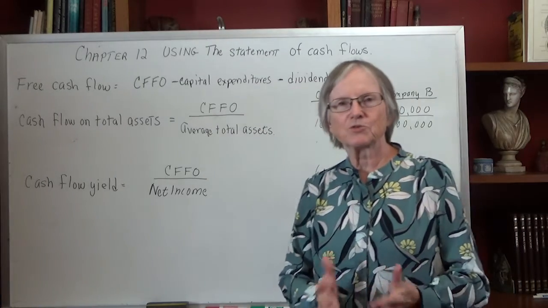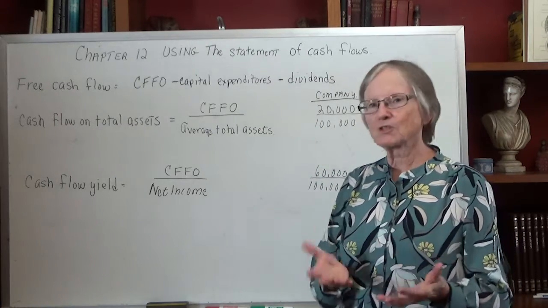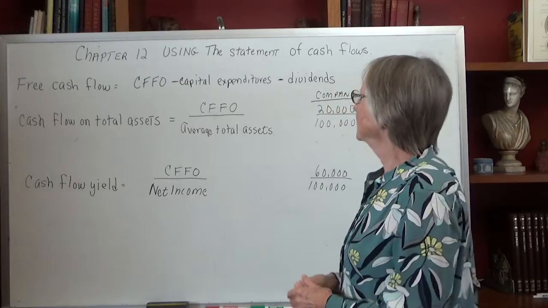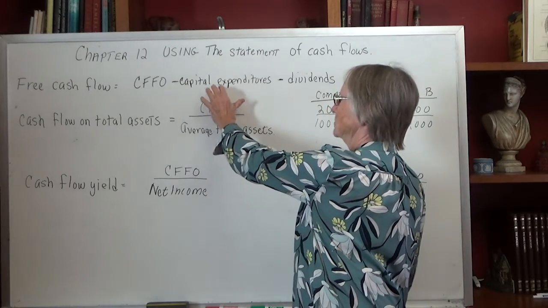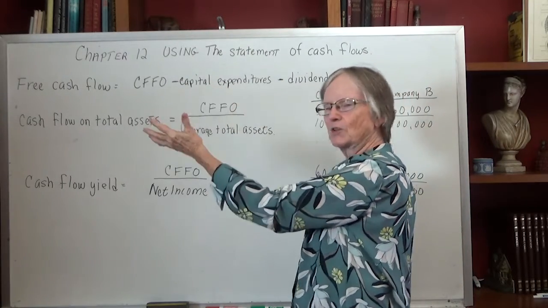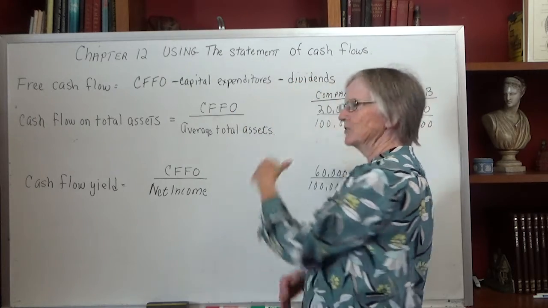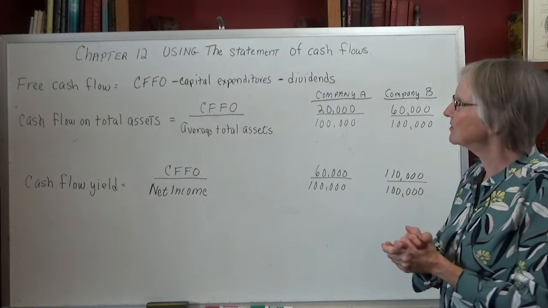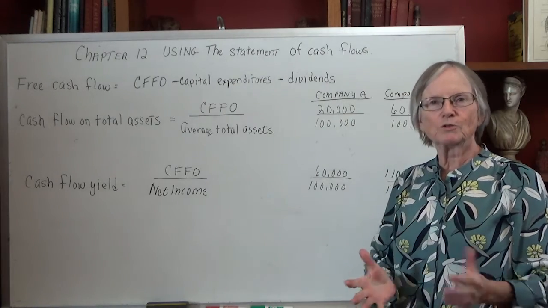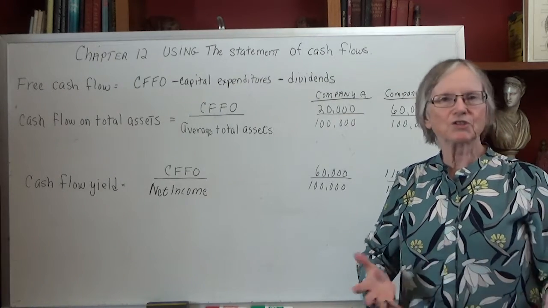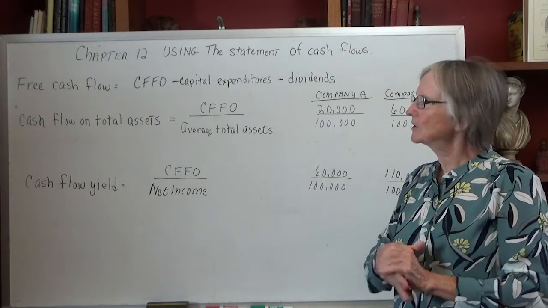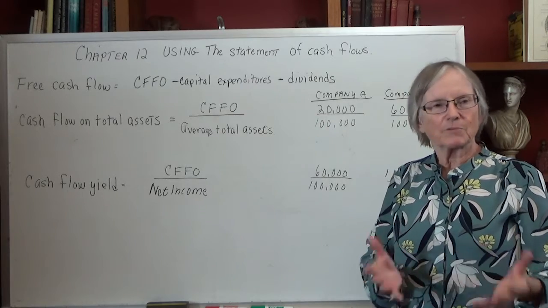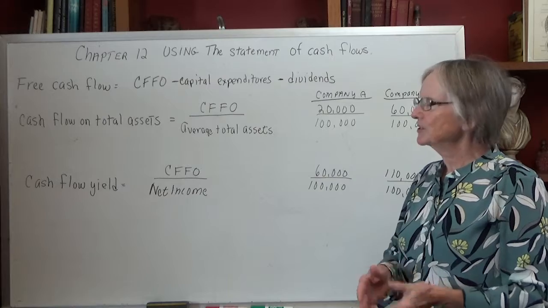And so what that tells you is, once you keep things going at their current level, in other words, you buy enough equipment and plant to keep things going as they are now, you pay dividends to keep your current stockholders invested as they are now, then what have we got left over for contingencies, for say there's opportunities that come up that we want to invest in.